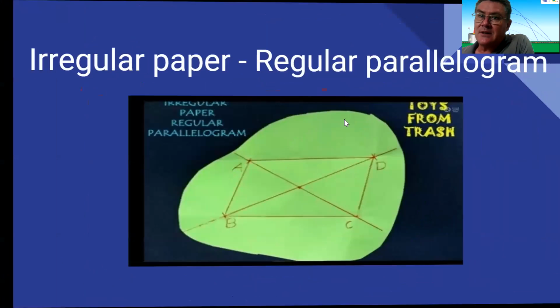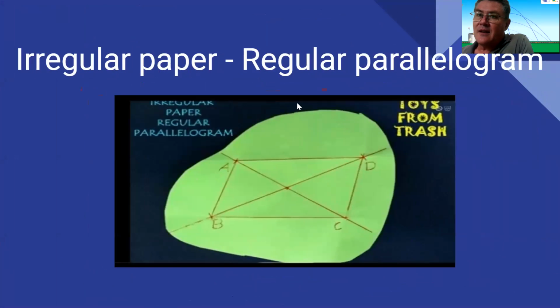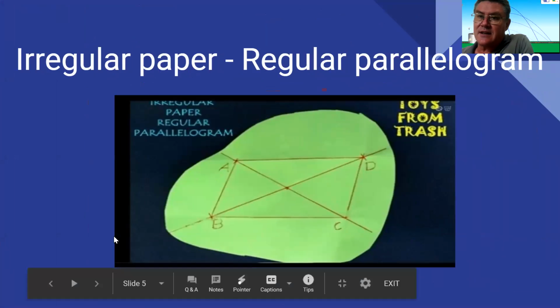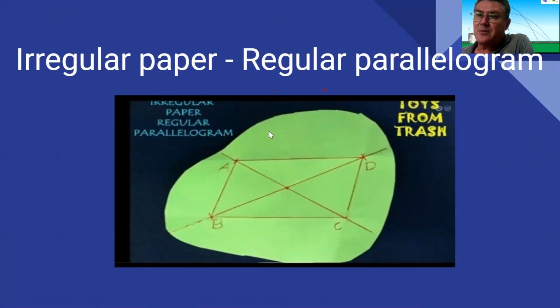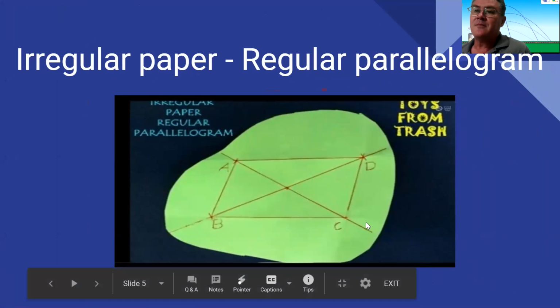Next up, an irregular paper. Irregular means it's not regular. This rectangle here is regular. It's a regular rectangle, but the paper is an irregular size, an odd size. But we're going to use an irregular paper to make a regular parallelogram.